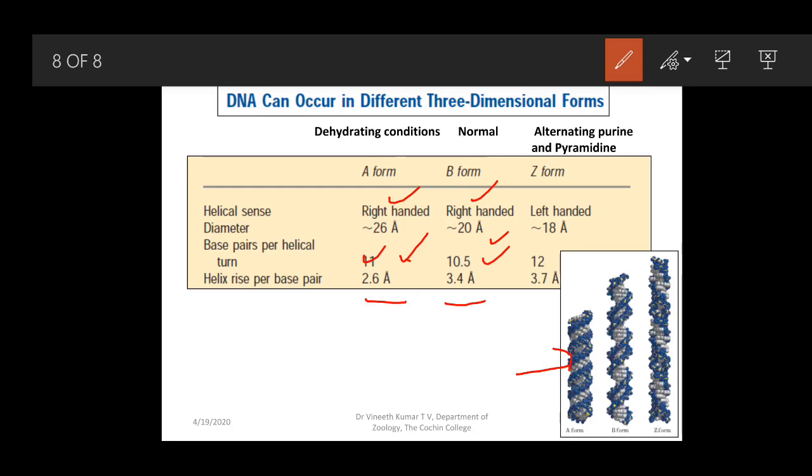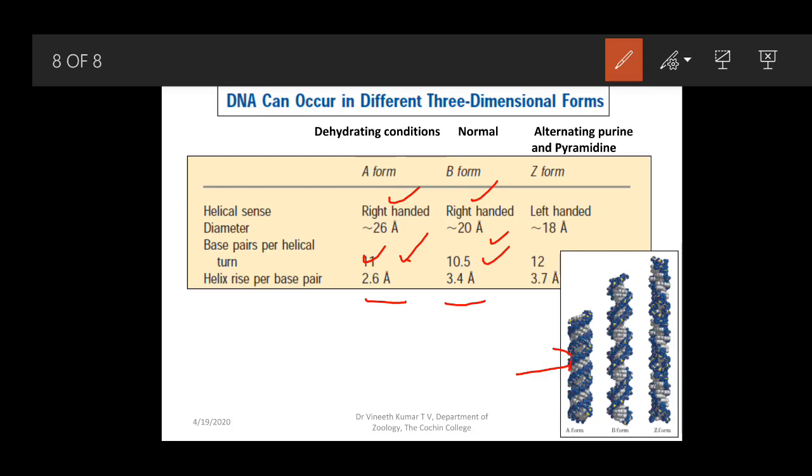Coming to the Z form DNA, it is seen in some special type of DNA, which is either artificially synthesized, or is also reported in natural DNA. In natural DNA, it is said that these structures have a regulatory function.